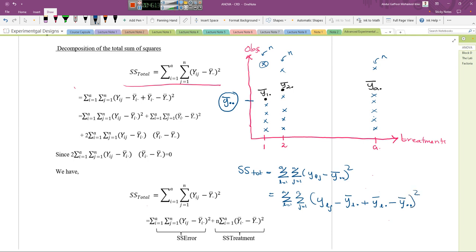Now you know (a plus b) squared is equal to a squared plus b squared plus 2ab, right? So now here I am going to consider this portion as a and this portion as b.